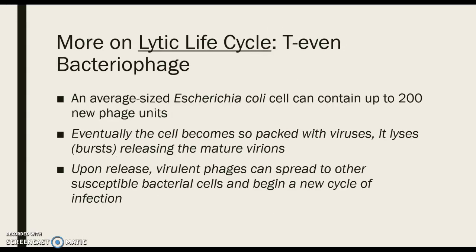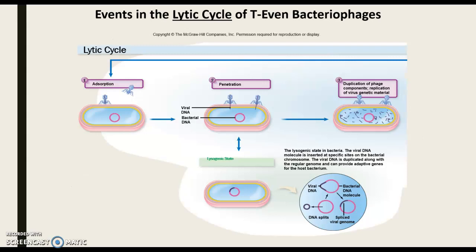A little bit more on that. An average size E. coli cell can contain up to 200 new bacteriophage units. Eventually, the cell becomes so packed with viruses, it will burst, releasing those bacteriophages. And upon release, those virulent phages can spread to other susceptible bacterial cells and begin a new cycle of infection.